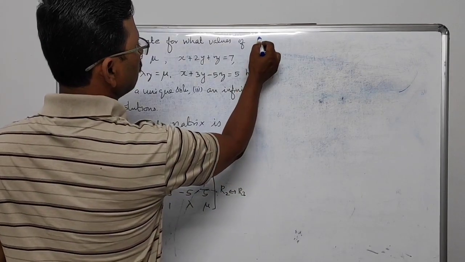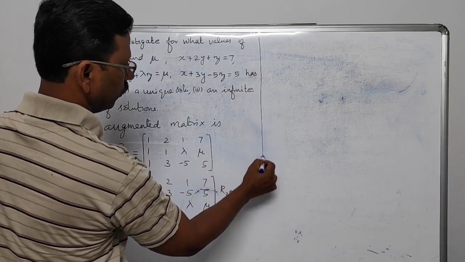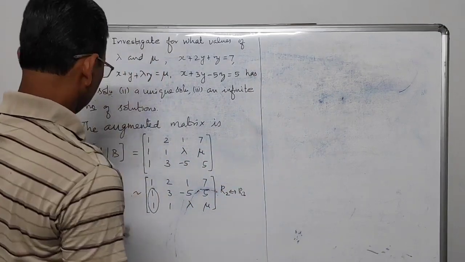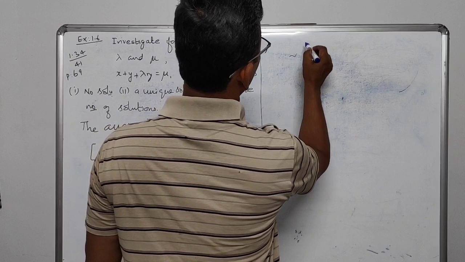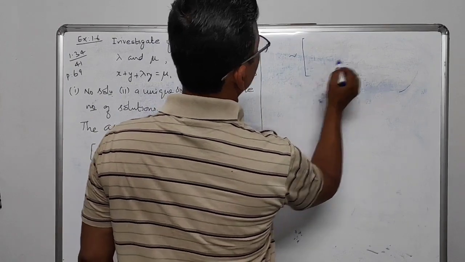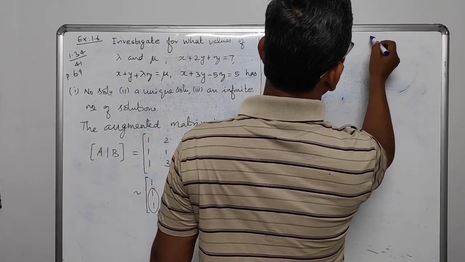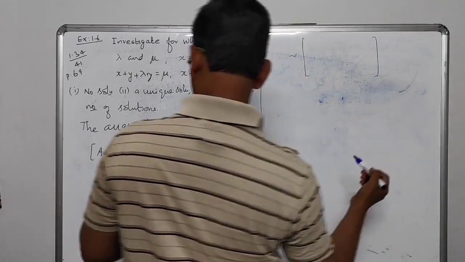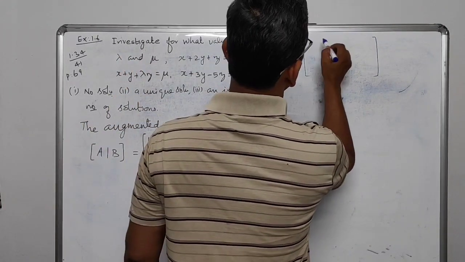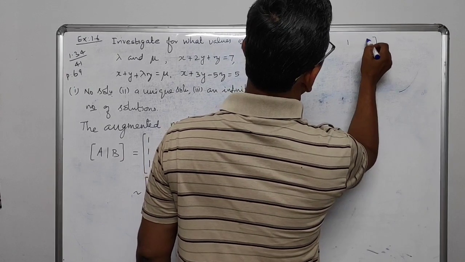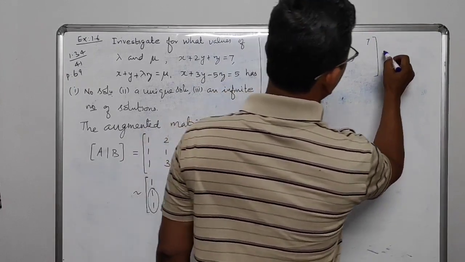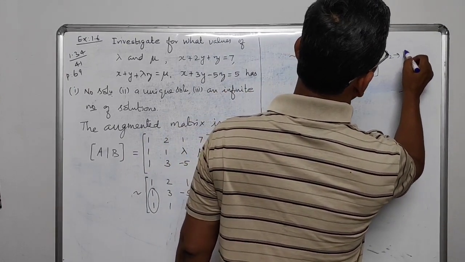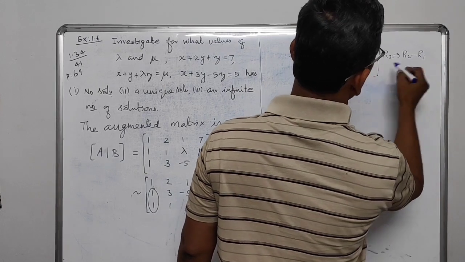Therefore after this, equivalent to, first row you can write as such, R1: 1, 2, 1, 7. Then for the second row, R2 gives R2 minus R1.